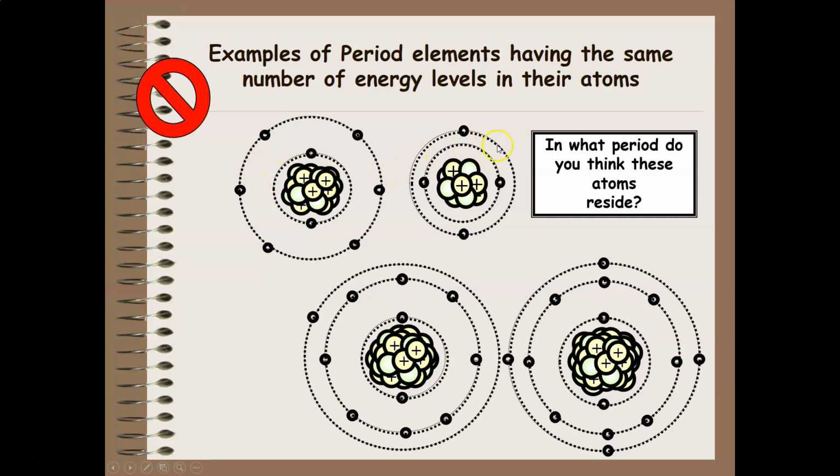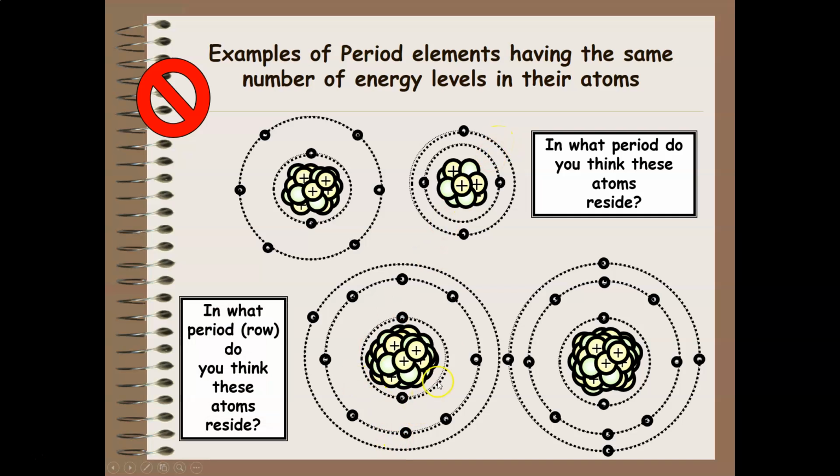Same with this, 2 energy levels. Must be period 2. Down here we can see that there's 1, 2, 3. This one has 1, 2, 3. So these must be in energy level 3, period 3. They match.